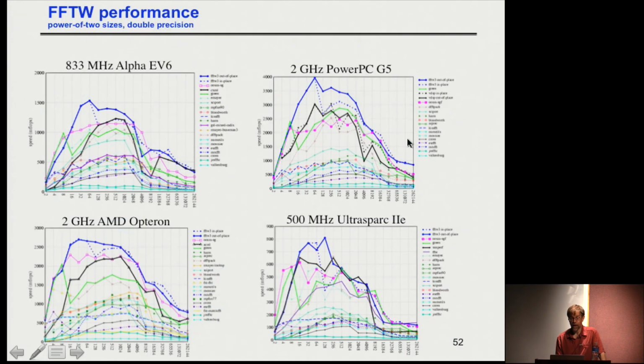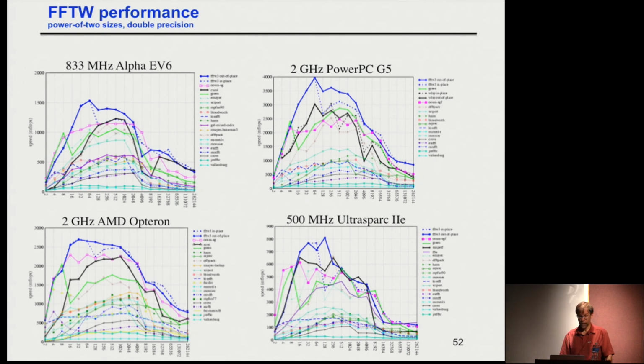Here, each one of these very large number of curved lines is a different FFT implementation, because over the years many people have tried to implement them. You can download vast numbers of different FFTs and compare yours. And theirs is on top, and it's the fastest, for all of these different platforms. They actually have two versions. The solid black line is maybe the standard version, where you have an input v and an output vector f times v, which is written somewhere else.